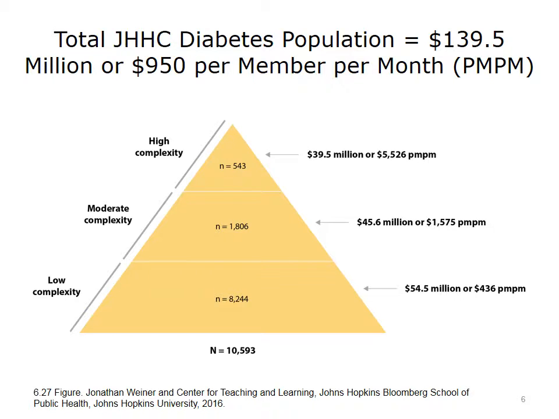And it shows the per member per month, PMPM, breakdown in costs of individuals at each level of the pyramid. So, 543 individuals in this cohort who have diabetes and are also highly complex actually cost the system $39 million over the year, or over $5,500 per month per patient.